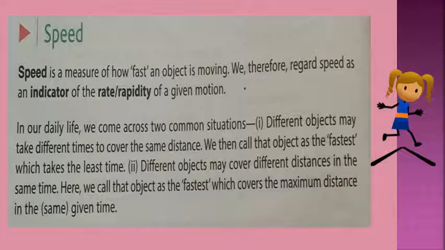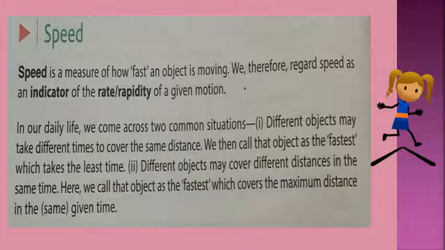Similarly, different objects may cover different distances in the same time. If we are running and we run for 1 minute, and in that minute we cover the largest distance, in that case also we can say our speed is more. If in 1 minute your friend covers 1 kilometer and you cover 1.5 kilometers, then what do you say?